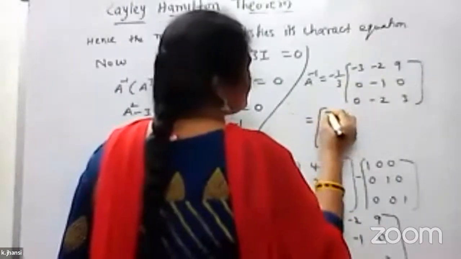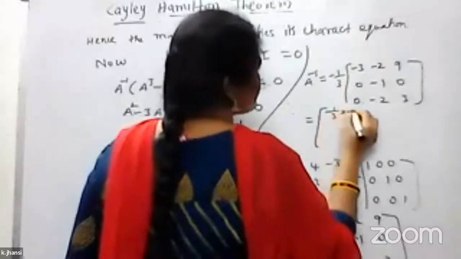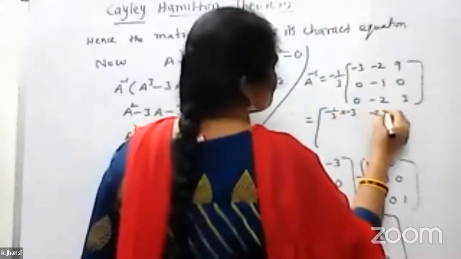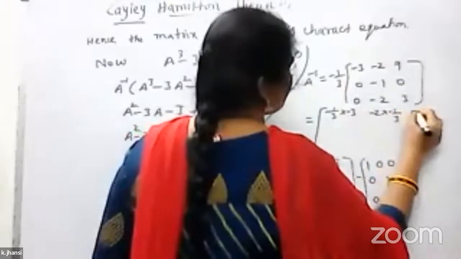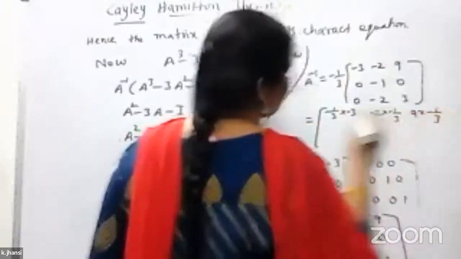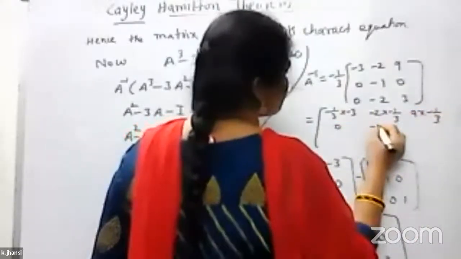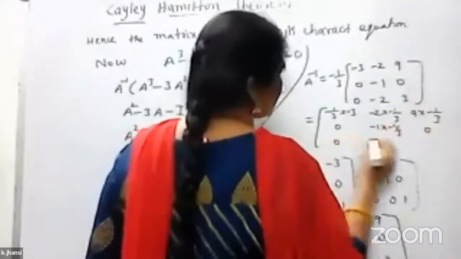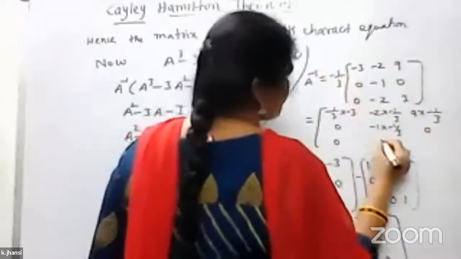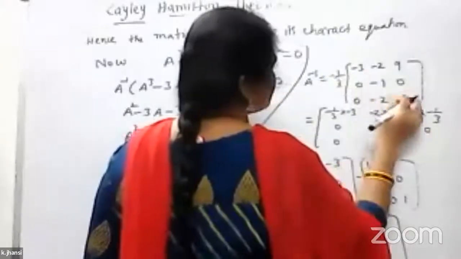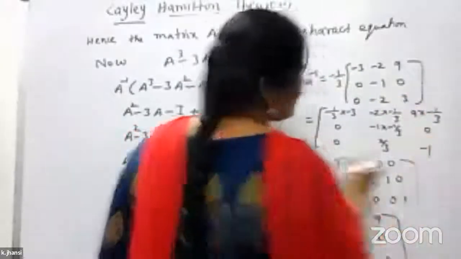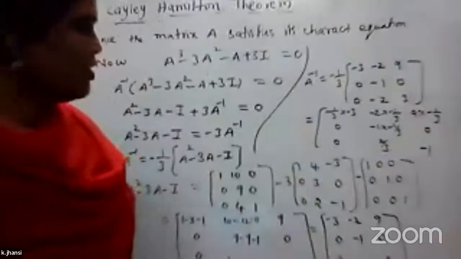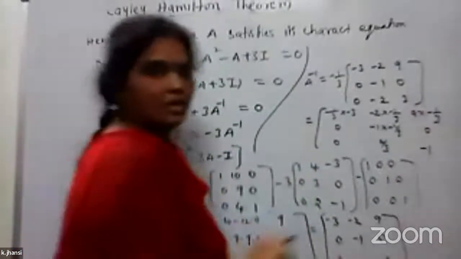Minus 1 by 3 into minus 3, minus 2 into minus 1 by 3, 9 into minus 1 by 3. This is 0 you will get, this is minus 1 into minus 1 by 3. This is 0, this is also 0. Minus into minus is plus 2 by 3. Next minus 1 you will get. Place is not there, that's why I am writing like that.